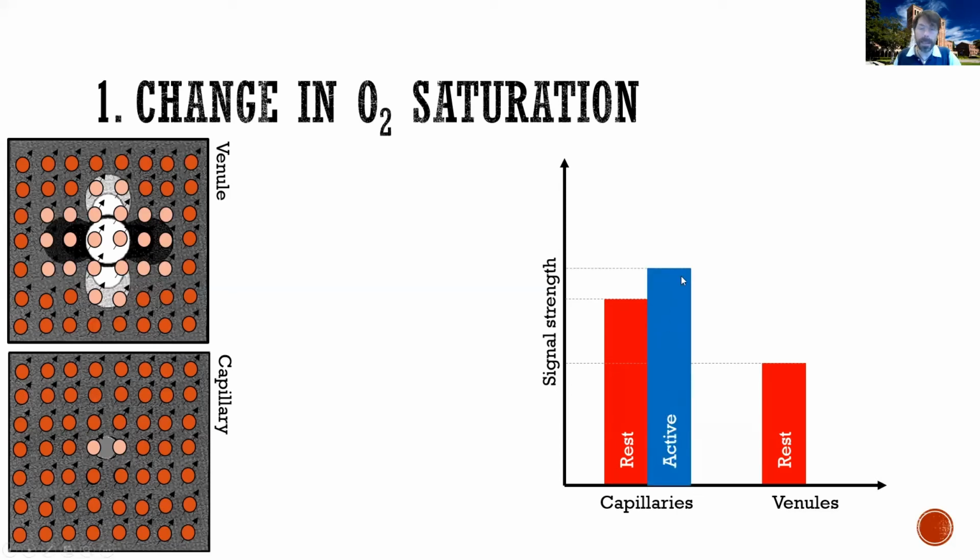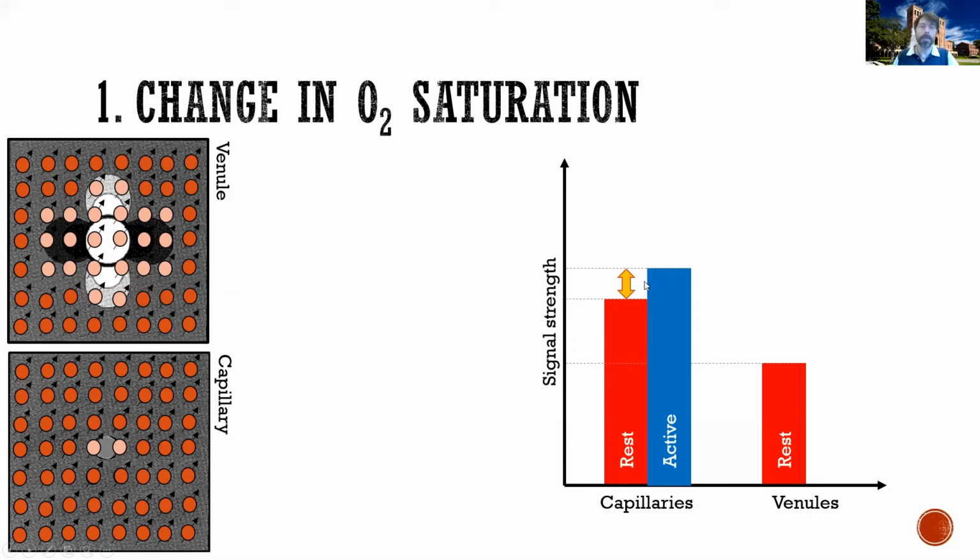And so the signal that we get during task around the capillary is now a little stronger than it was to begin with when there was much more deoxygenated hemoglobin. And this, as you remember, is the signal, or the blood oxygenation level dependent signal. It's a signal that depends on the level of oxygenation inside blood. The more the oxygenation, the stronger the signal.